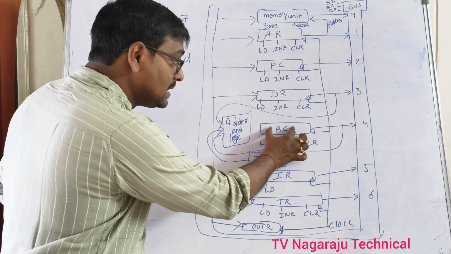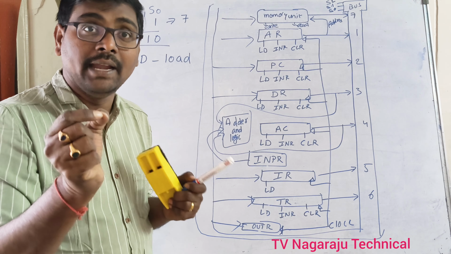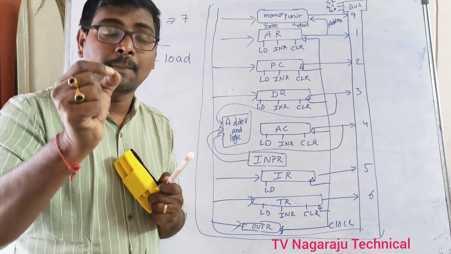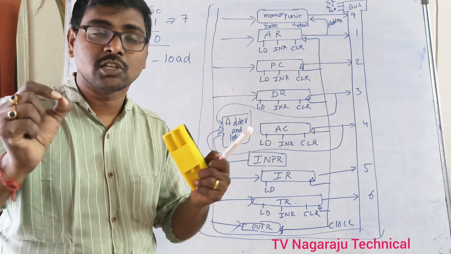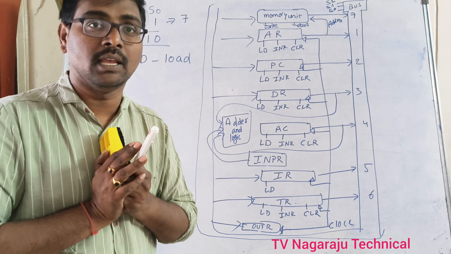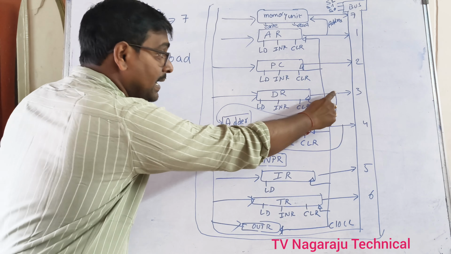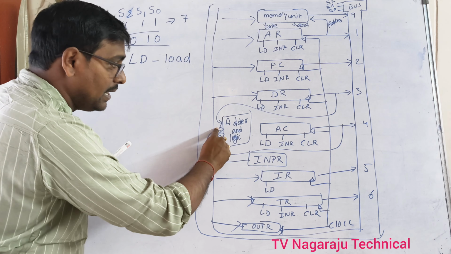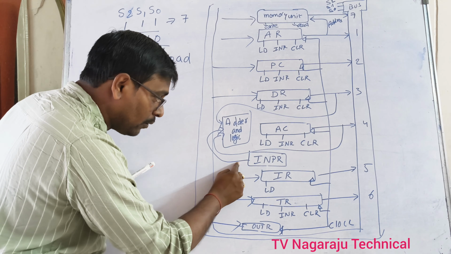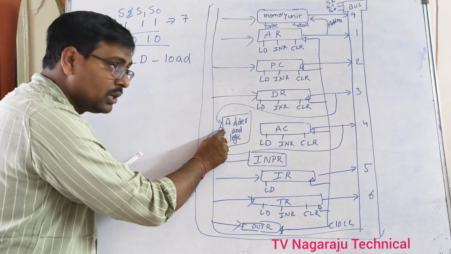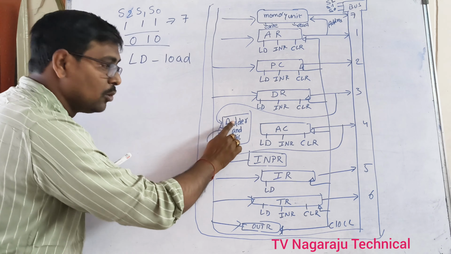Now, what is this AC? The accumulator register performs operations such as addition and subtraction, that is, arithmetic and logic operations only. So the accumulator receives the content from the DR register. Observe, from the DR register, or the input register, or its own content.